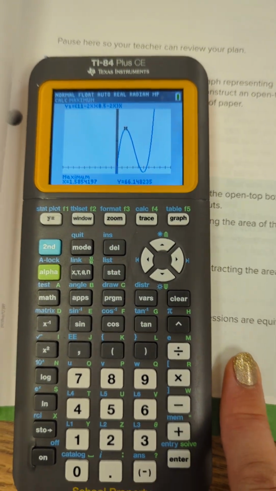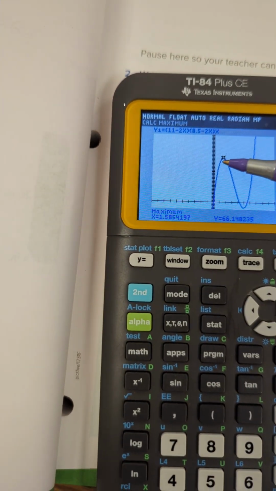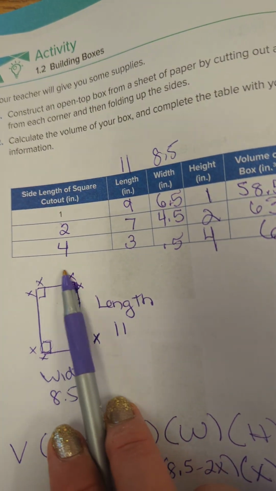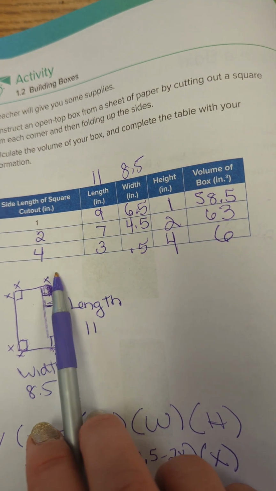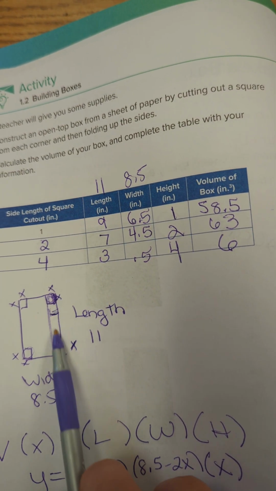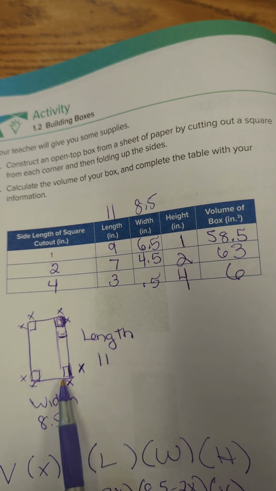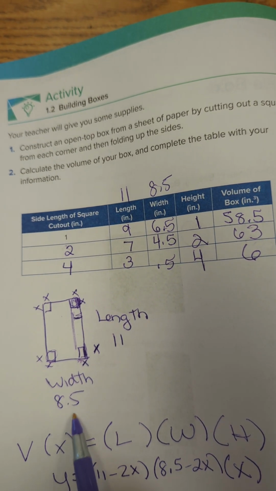And the other important thing we talked about is, what would be the domain of this function? Could I ever have, for example, a cutout of 5 inches? So the problem is, from the 11, I could cut a 5 and a 5, and I would still have 1 inch remaining. But for the width, if I tried to cut a 5 and a 5, I'm already at 10 inches, and this is only 8.5.